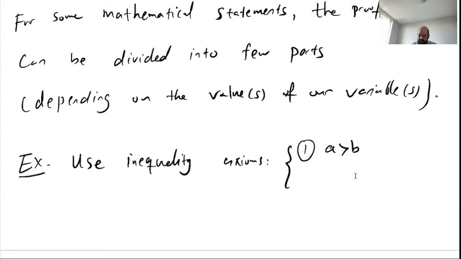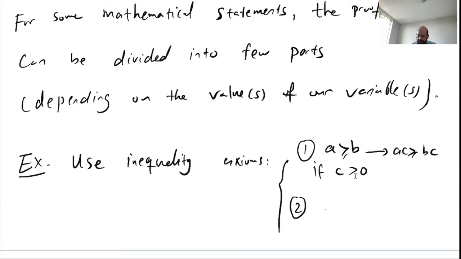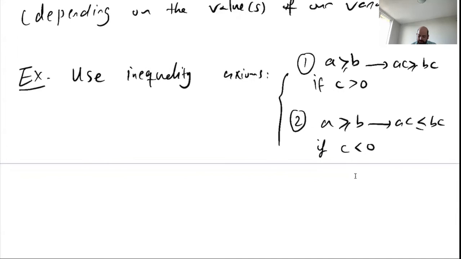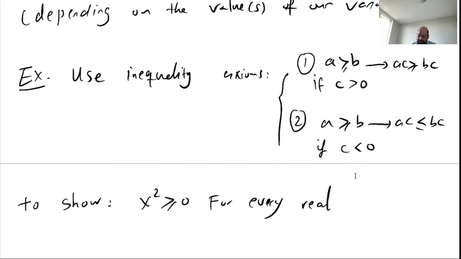A bigger than B implies AC bigger than BC if C bigger than 0, and A bigger than B implies AC less than BC if C less than 0, to show x squared bigger than or equal to 0 for every real number x.